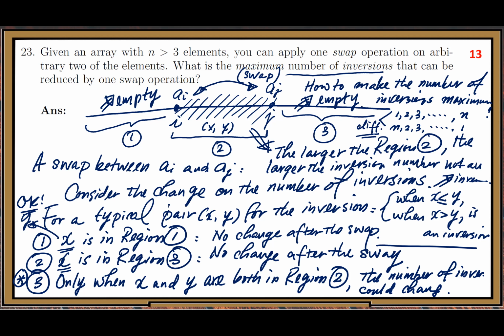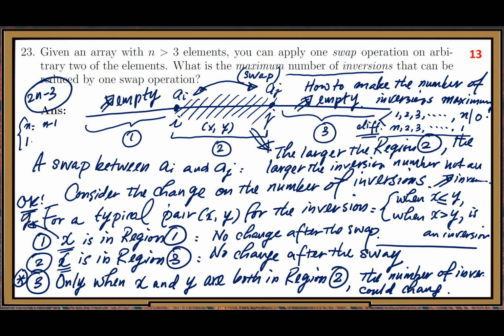The answer is 2n minus 3, the number of inversion difference. Because in this one the inversion number is 0, and in this one, with respect to n, if you consider n and another element, the inversion count is n minus 1.